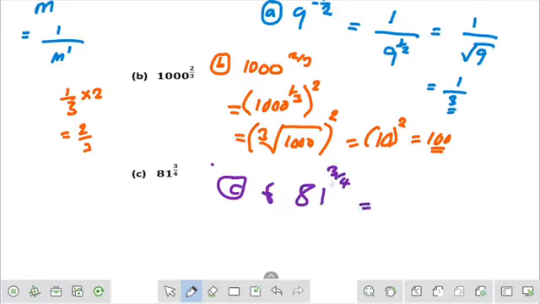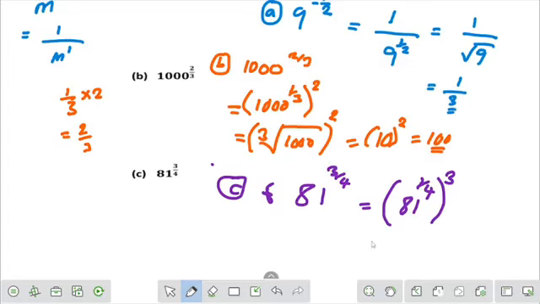Again, we are going to do what we did here. We separate this exponent, 3 over 4, and write it as 81 raised to the power 1 over 4 in brackets, then put a 3 outside.